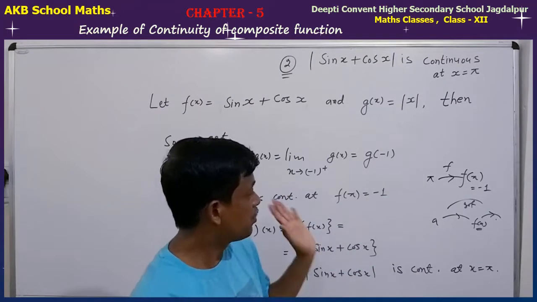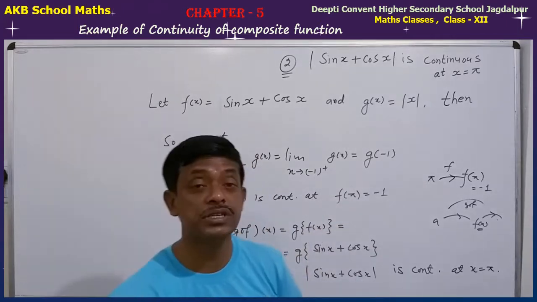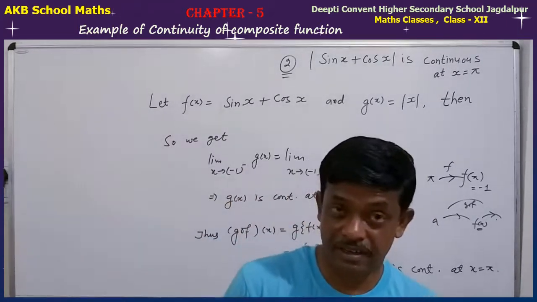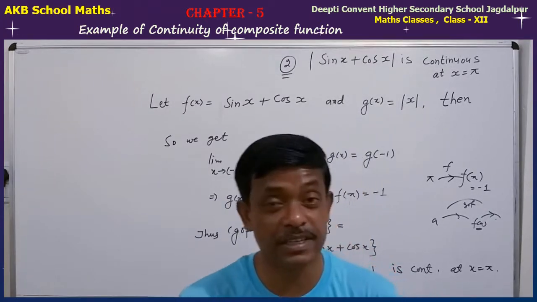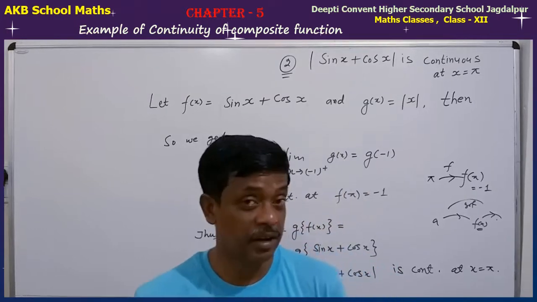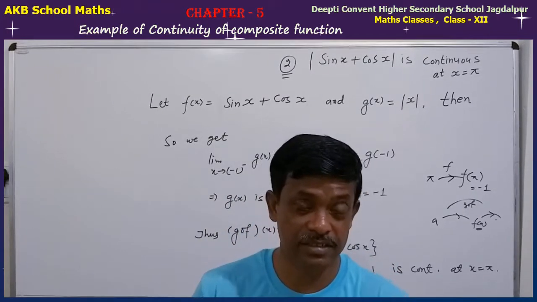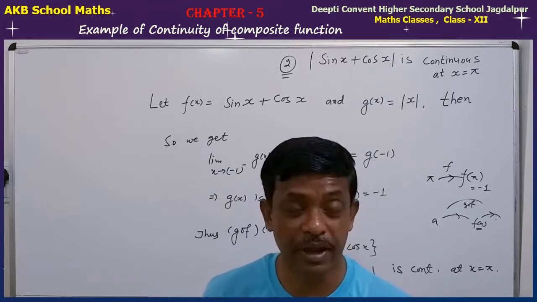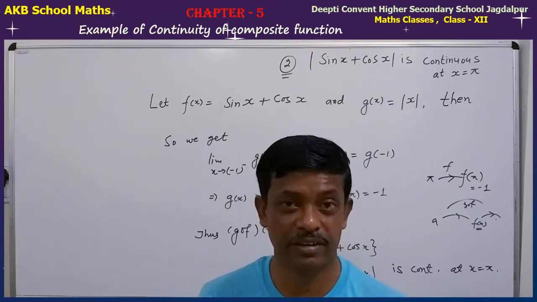We can use this property to solve many questions of continuous functions. Now let us try to solve the remaining questions of exercise 5.1. I will solve through the PPT. So next, see the remaining questions of exercise 5.1.